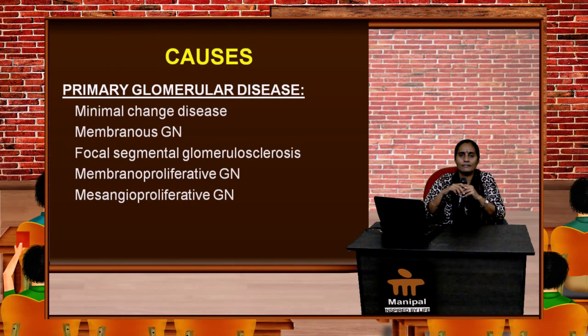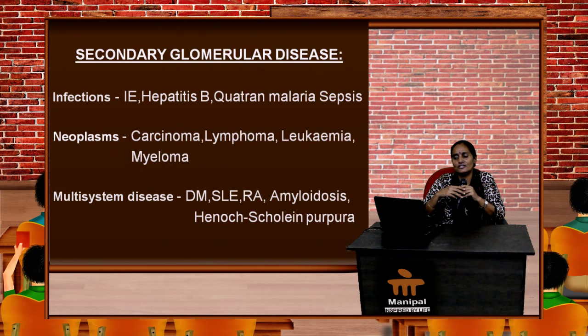The secondary ones, I am elaborating the list: infections like infective endocarditis, hepatitis B, quartan malaria, sepsis, neoplasms like carcinomas of the solid organs, lymphomas, leukemias and multiple myeloma. And multisystem disorders, like the key things you should remember are diabetes mellitus and systemic lupus erythematosus, and uncommonly rheumatoid arthritis, primary amyloidosis and Henoch-Schönlein purpura.